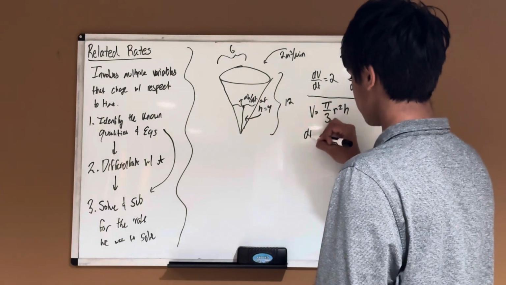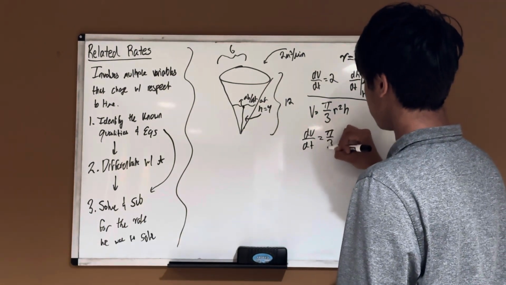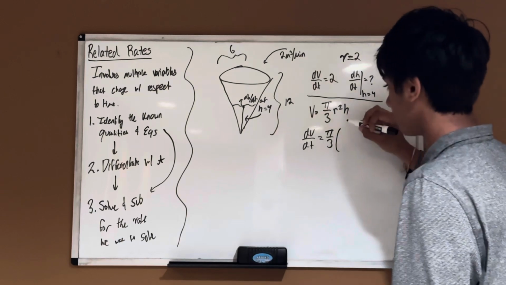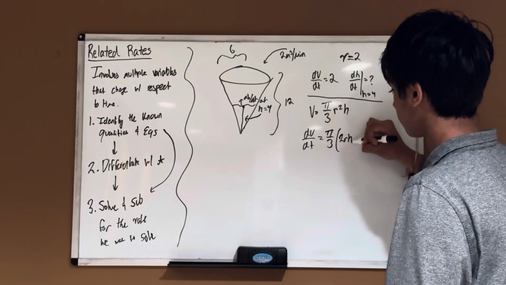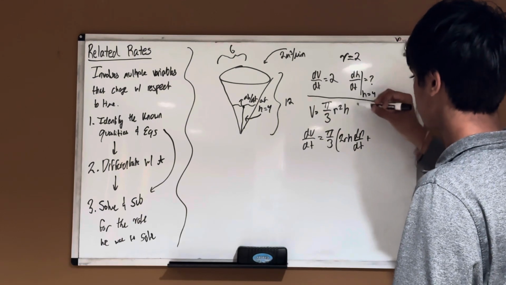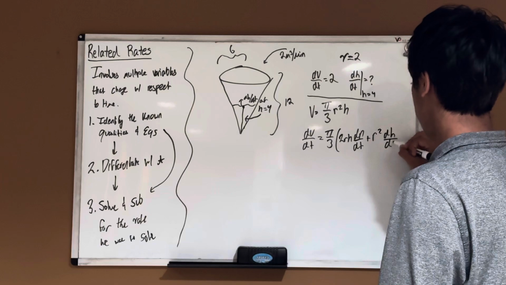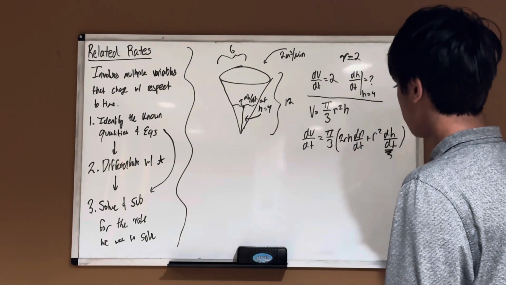So we get dV/dt is equal to pi thirds, and again here we have to use the product rule, so 2rh dr/dt plus r squared dh/dt, and we're looking for dh/dt, right? So let's just look at this equation.